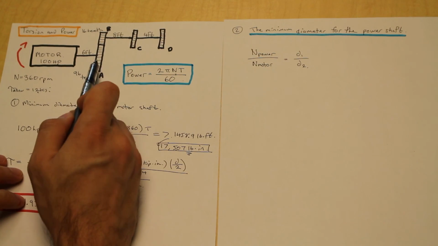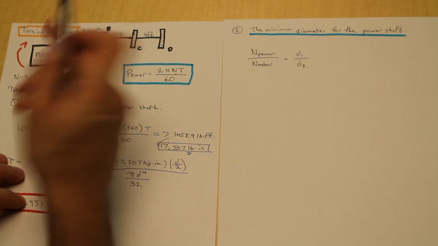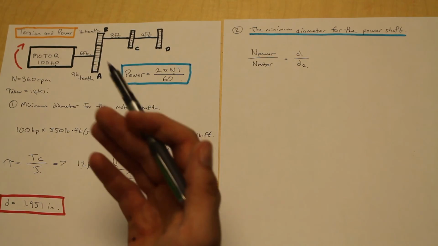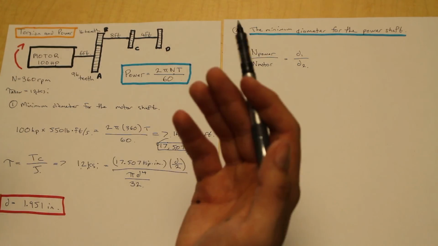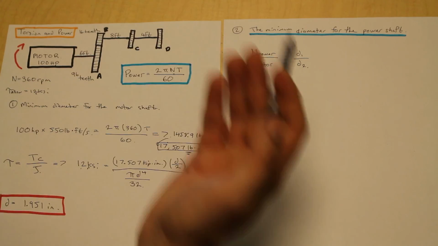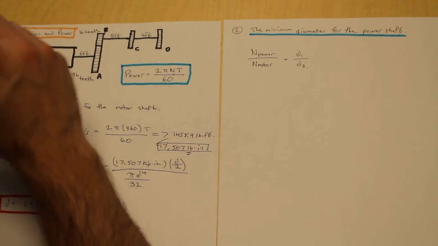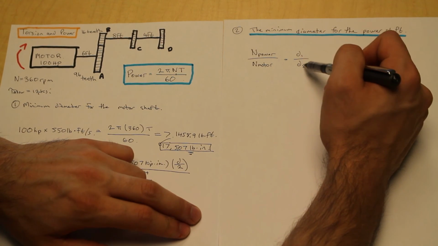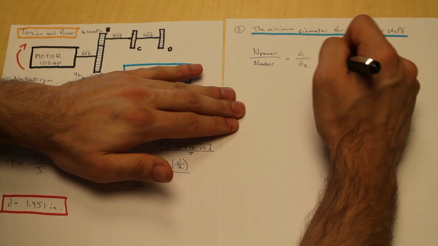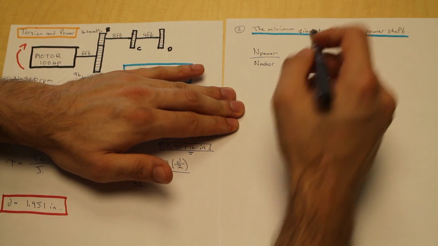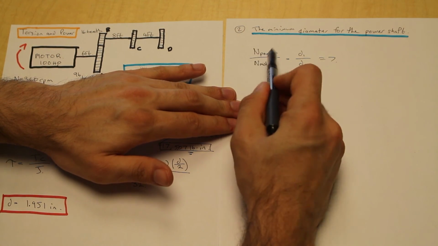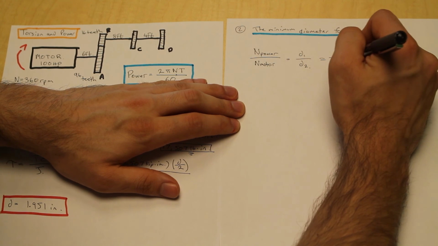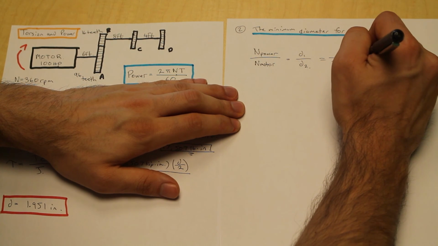So, for example, this large gear has 96 teeth, the smaller one has 16. Those are the numbers we're going to use when we transfer the torque between the gears, or the speed in this case. So instead of using D1 and D2, we're going to use the number of teeth. We want to solve for the speed in the power shaft, so we're just going to isolate for that.